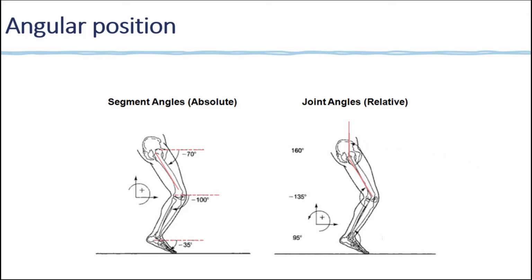Now, if we look at the knee, the absolute angular position of the shank segment is negative 100 degrees. So that's this angle down here. And the relative position of the shank in reference to the thigh in this case is negative 135 degrees. So with those numbers in mind, I invite you to try to describe the absolute and relative positions of the foot and the ankle on your own to confirm your understanding.